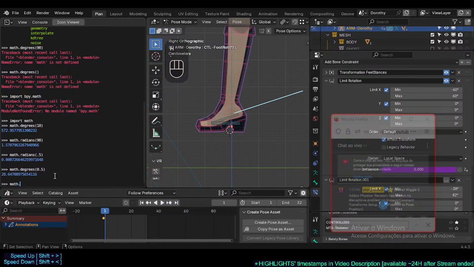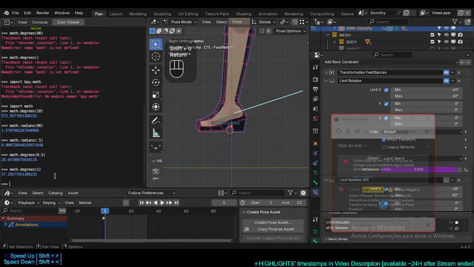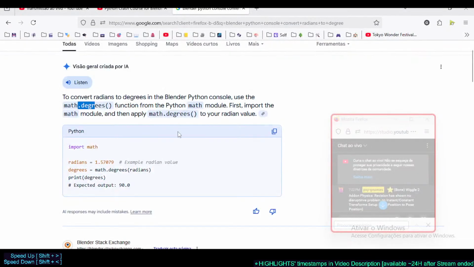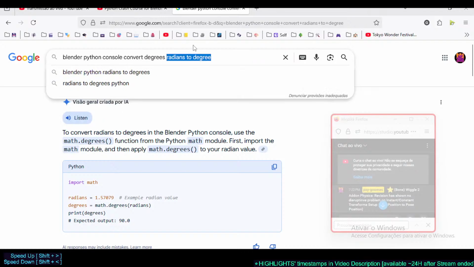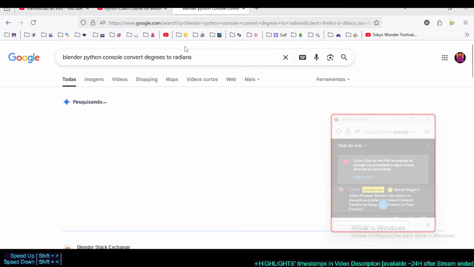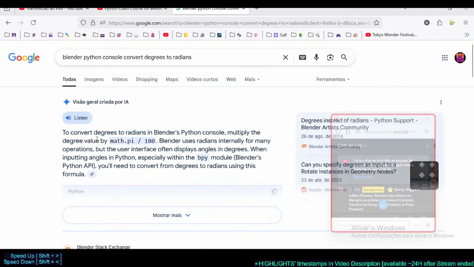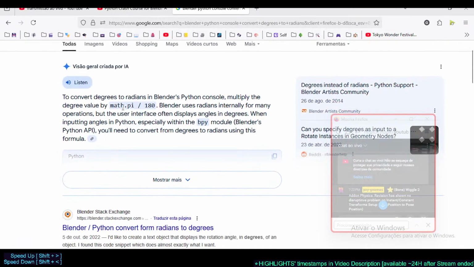So if you have 1, that means, all right, I want, okay, just do this.